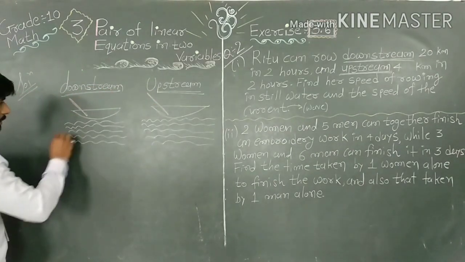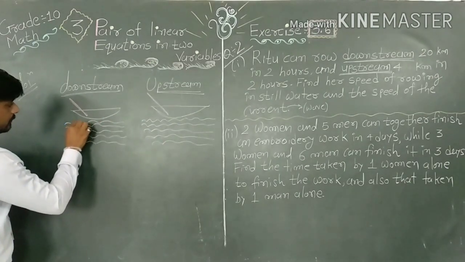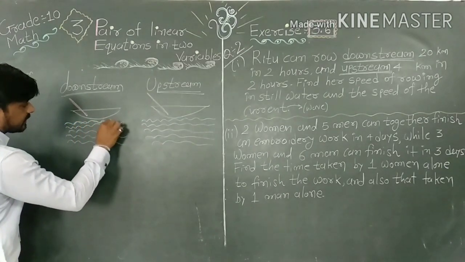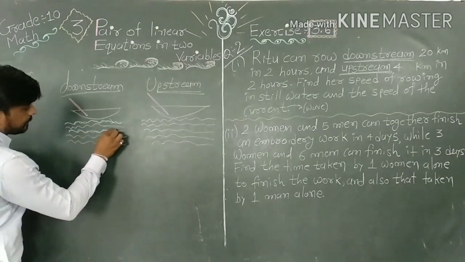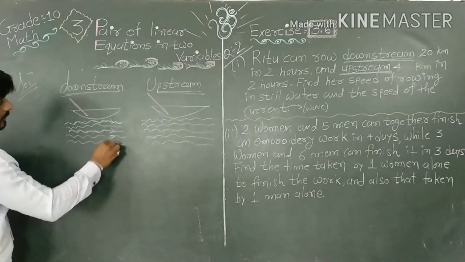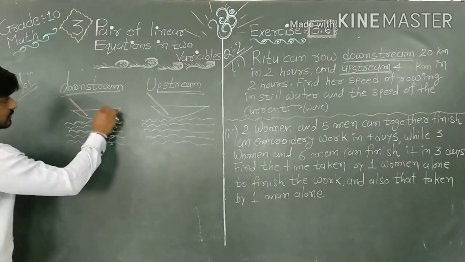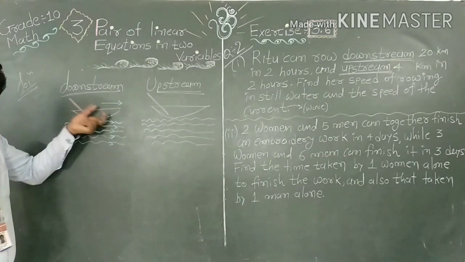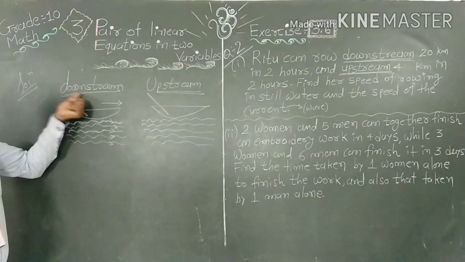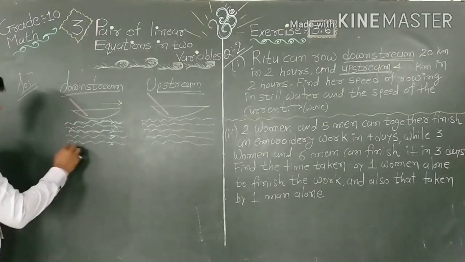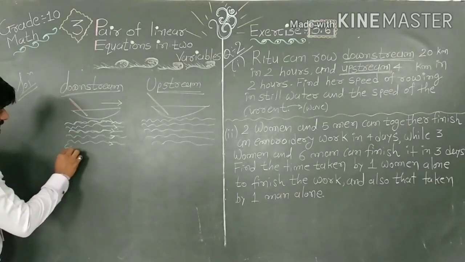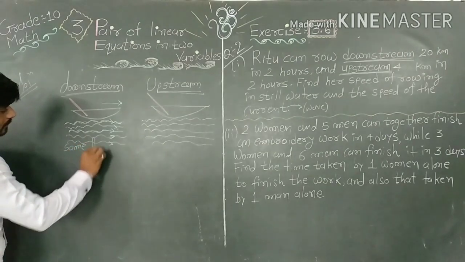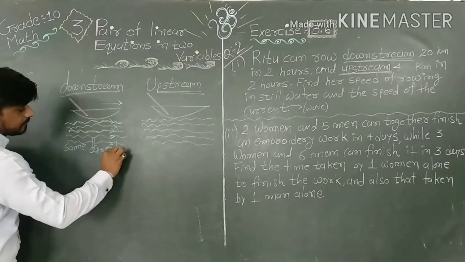Downstream, that means the direction of water is this way and the boat is also going this way. That means the same direction.